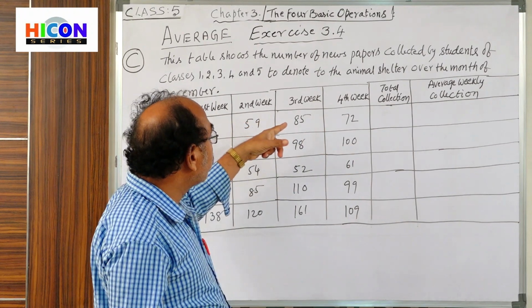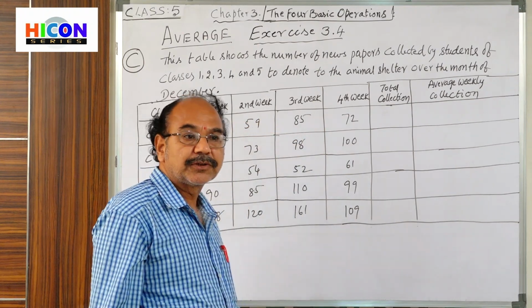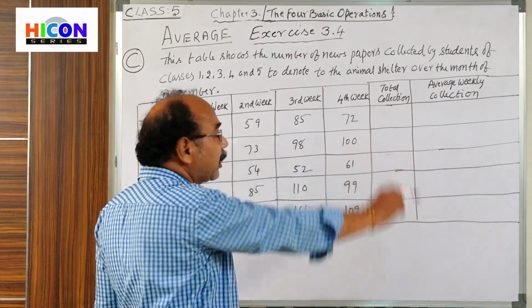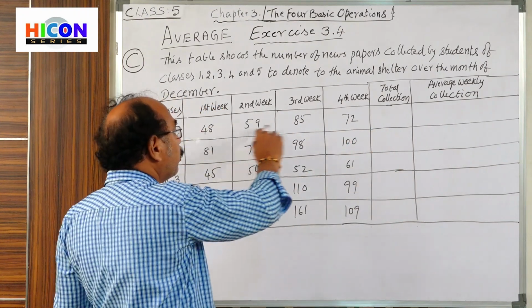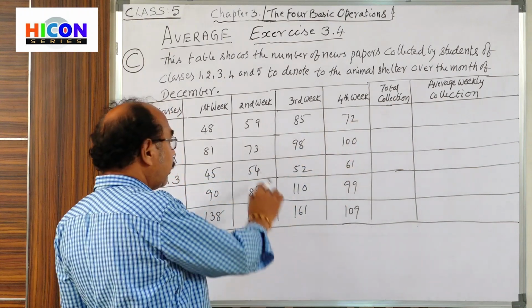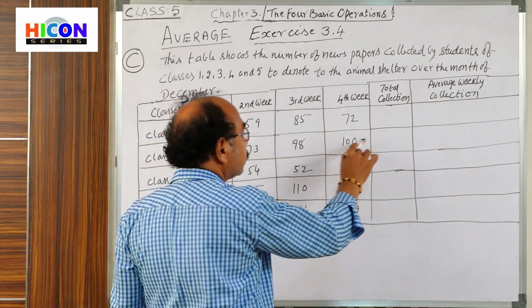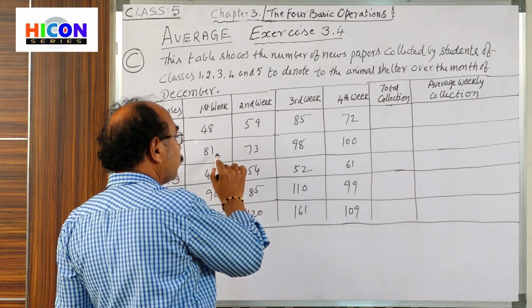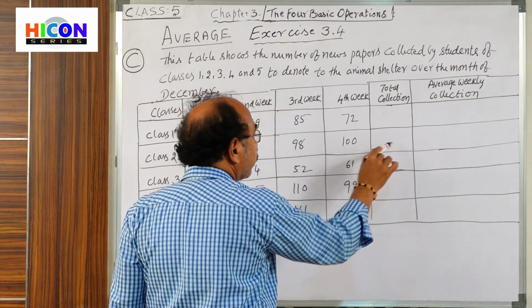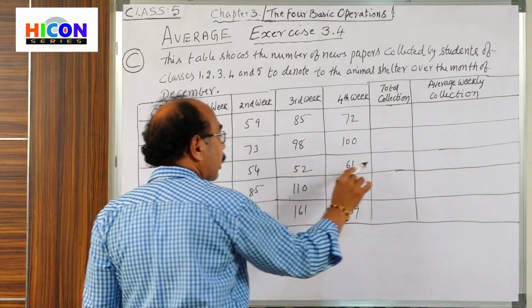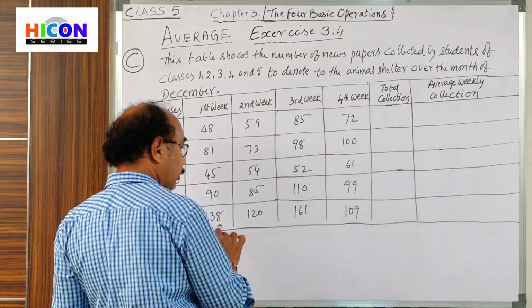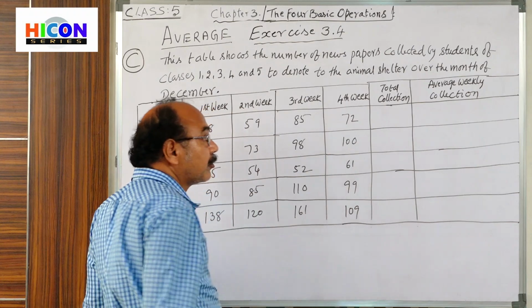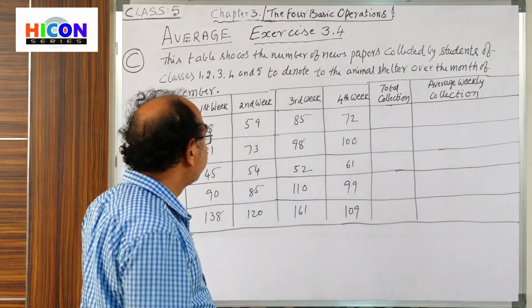total number of newspapers collected by the first class students, first class total collection: add all these numbers and write. Second class total collection means add these 4 numbers and write here. Third class total collection, fourth class total collection, fifth class total collection. Add and write.